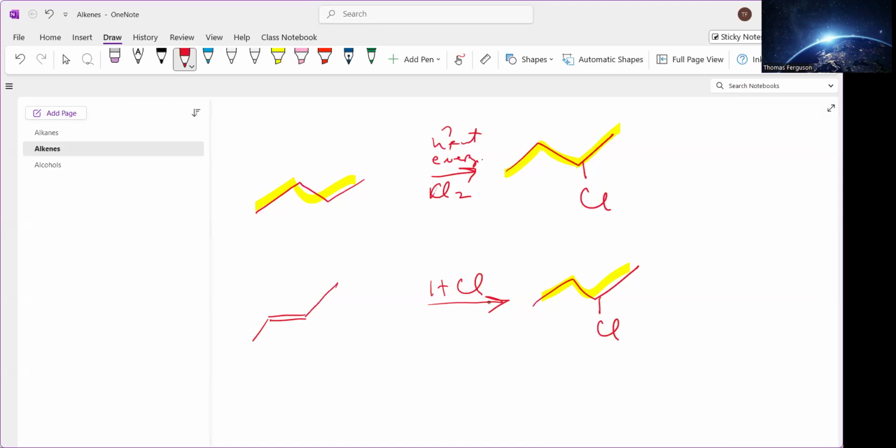So those are 2 ways. Actually, there are 3, but there are 2 solid ways to do it. We have to name that. That's butane. And this is 2-butene. And this would be 2-chlorobutane.